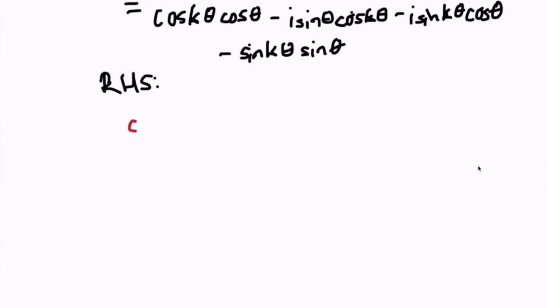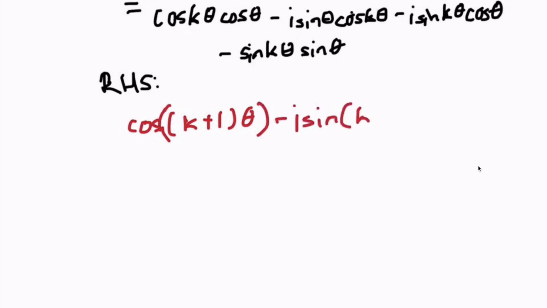So we have cosine k plus 1 theta minus i sine k plus 1 theta.